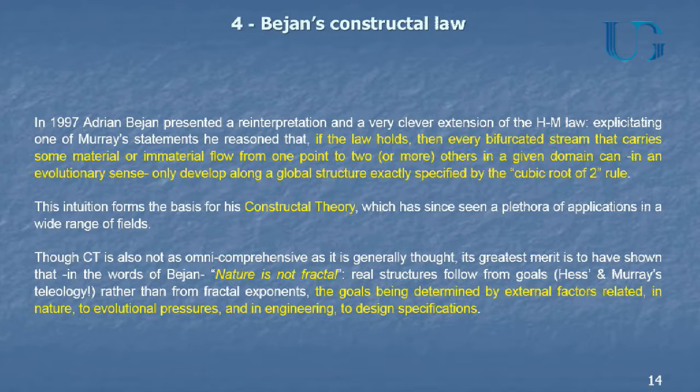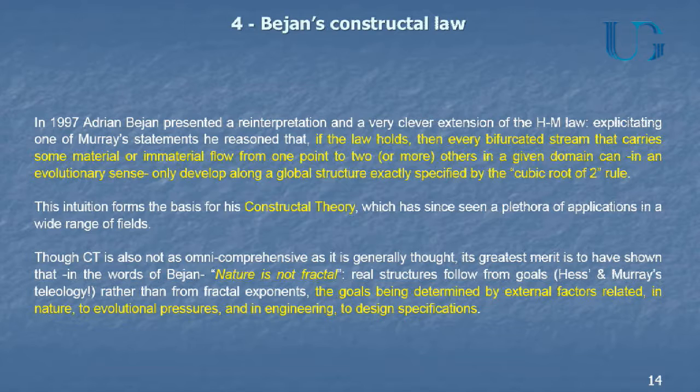And we don't need to worry about entropy generation anymore, or efficiency, second law efficiency or whatever, because we know that since the Hess-Murray law says that if the radius ratio is 1 over cubic root of 2, the structure is optimal, any structure which is built under the Hess-Murray law is optimal. So any transport, okay?